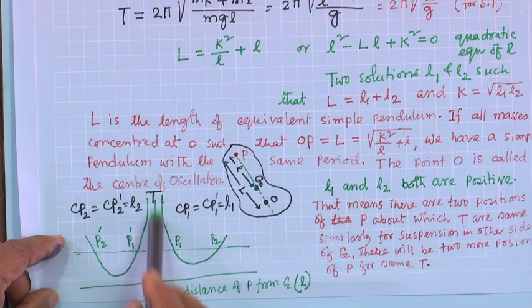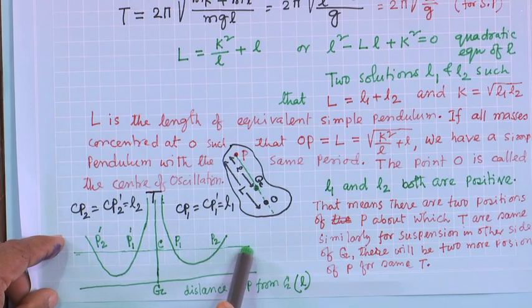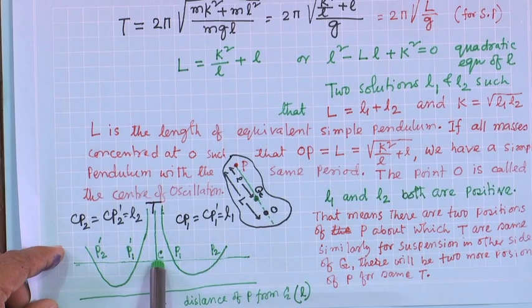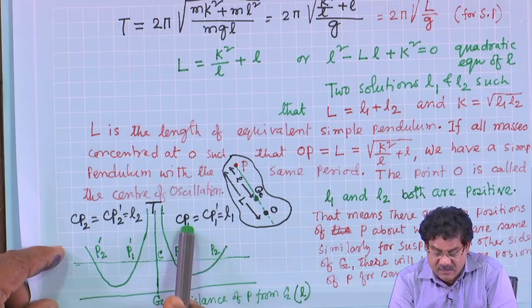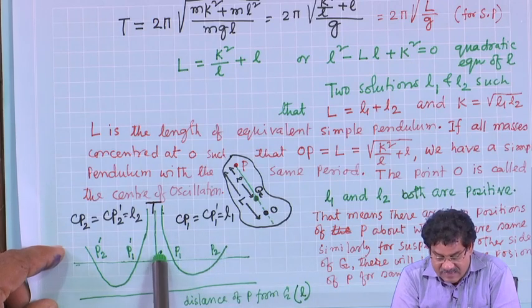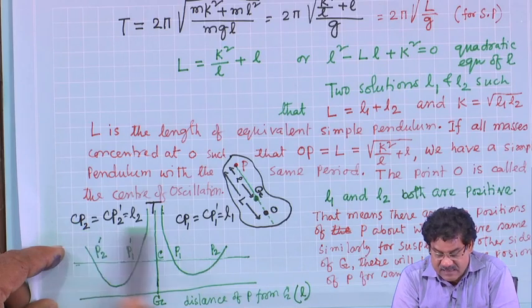it cuts this graph at 4 points. Okay. So, this is the center of gravity. Point P 1 and point P 2 on one side. This C P 1 is L 1, and on the other side C P 1 dash is also L 1.